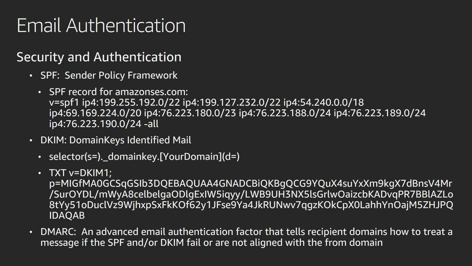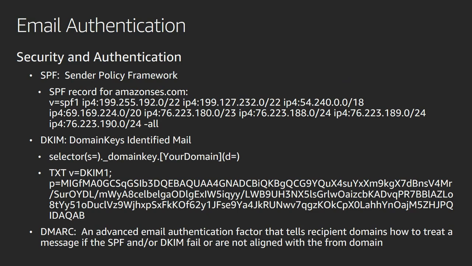So from the Amazon SES side, if it's coming from any of these IPs, we've allowed that to happen and said, if it comes from these IPs, accept it as Amazon SES messages. And so the minus all at the end basically says that if it's not from one of these sources, reject the message outright because it's not from us. And so that's one of the authentication methods used.